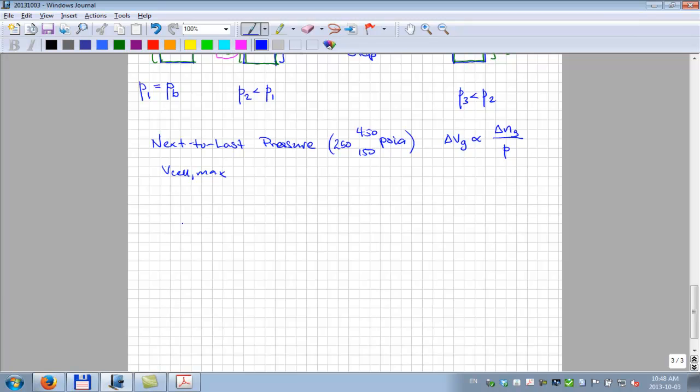So what happens is, let's say we're at P n minus 1, I'll just put 250 psi, and we've got this much oil left. We just remove the gas.